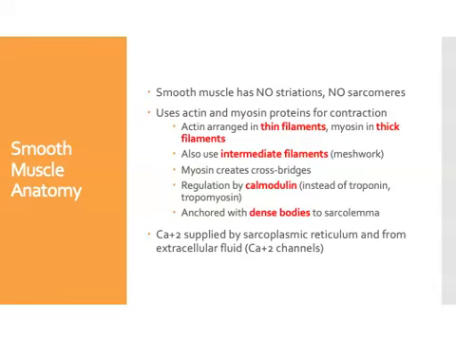Smooth muscles also use a type of filament called an intermediate filament. These intermediate filaments are found right underneath the membrane, right underneath the sarcolemma, and they are arranged like a net, like a mesh.